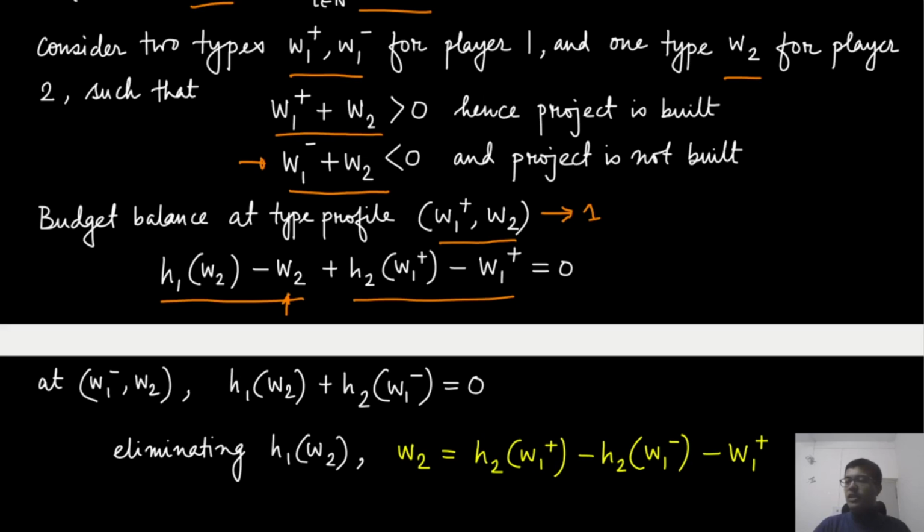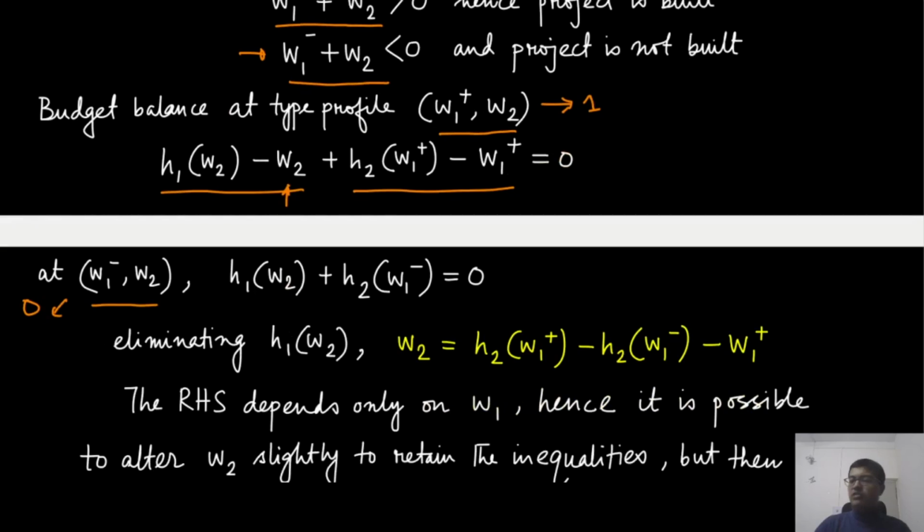and the sum should be equal to 0. Now look at the other type profile where the outcome is actually 0, so that the project is not built. So therefore the sum will be just the sum of the h functions. Now we can simplify just by eliminating this term h_1(w2), and we can arrange it in a way that on the left hand side you have w2.